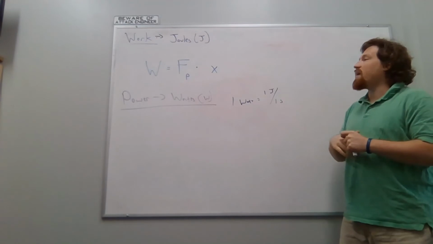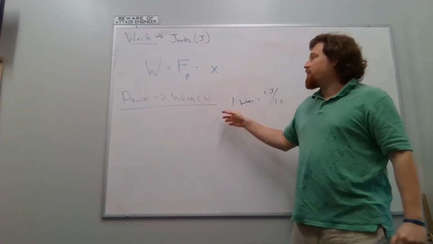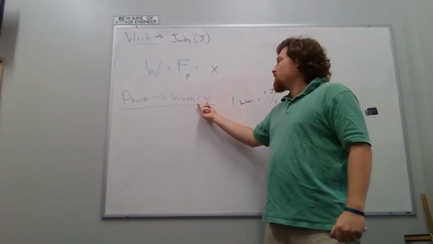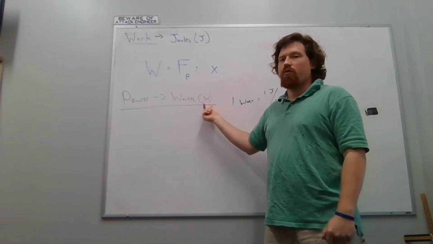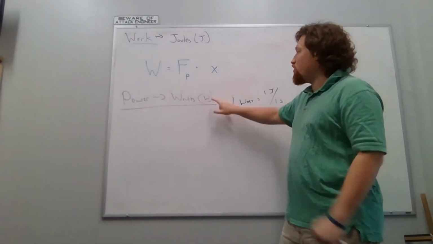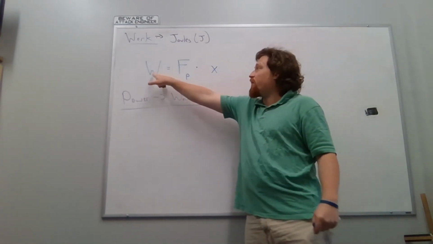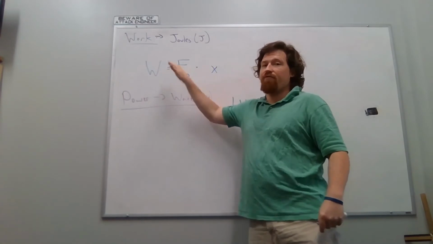So power is energy in an amount of time, and it is measured in watts. When you shorten watts, it is shortened to a W. I want to help avoid confusion between this W and this W. This is a variable in a formula.